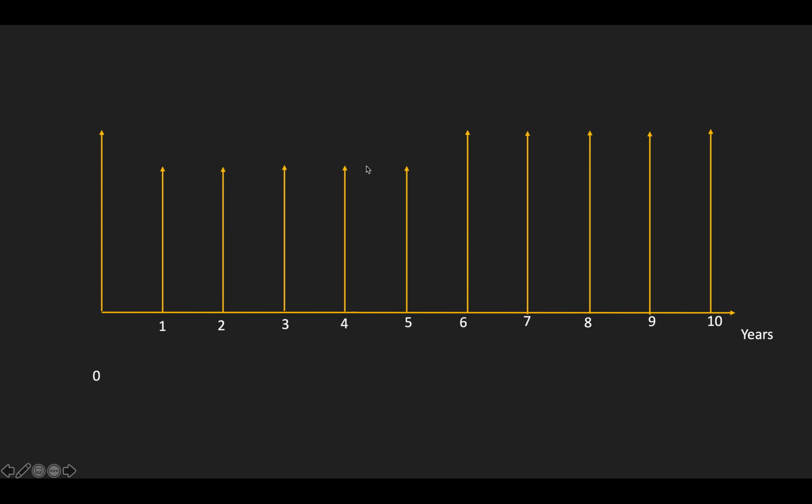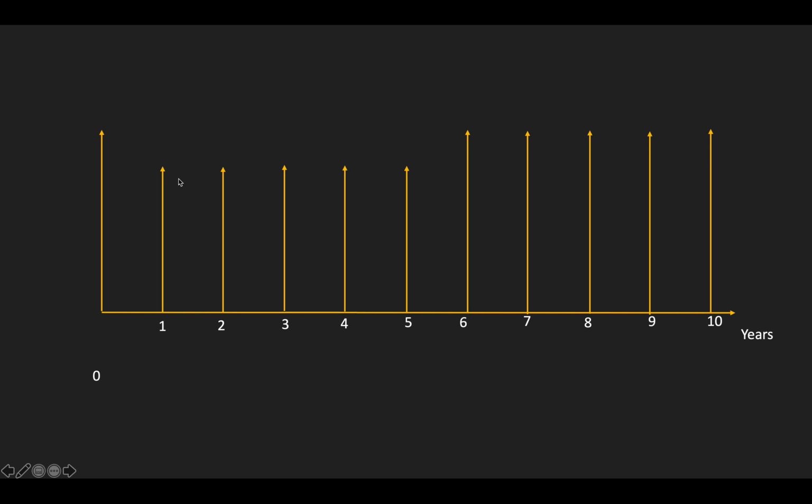So this is for the next 5 years, this is the cash flow. A little bit lower, but something like this. And then for year 6 to year 10, it's bumped up to $3 million. So something like this, that's another 5 years.